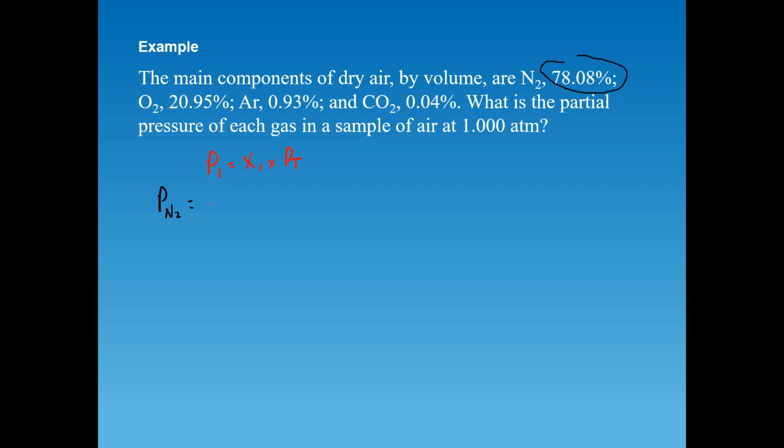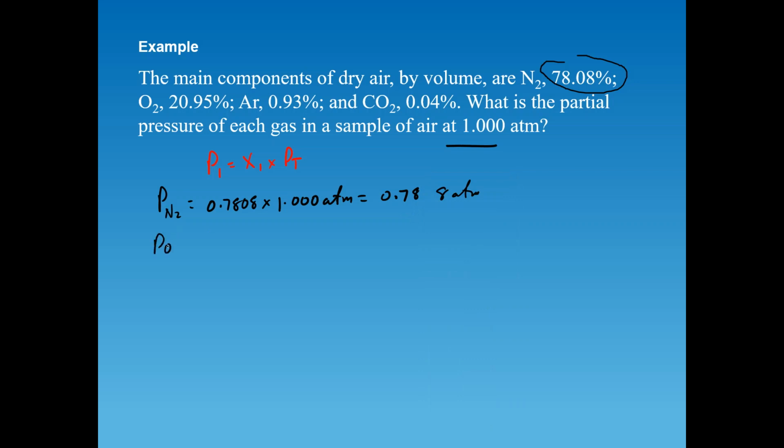We can represent it as 0.7808 and multiply that by the total pressure. What's the total pressure? Well, it's given right here, 1.000 atmospheres. So the answer becomes 0.7808 atmospheres.